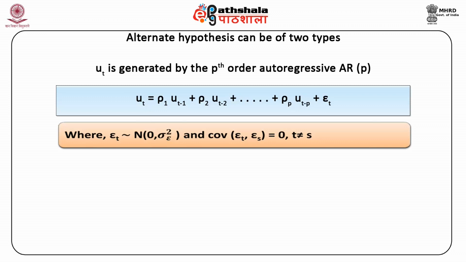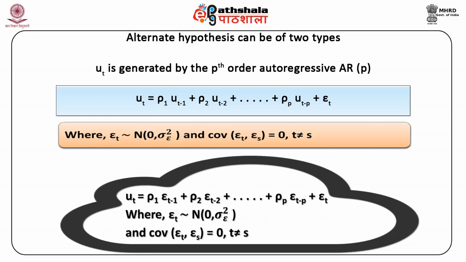The other hypothesis, in which UT is generated by the pth order moving average, MA(p) scheme, could be as follows.